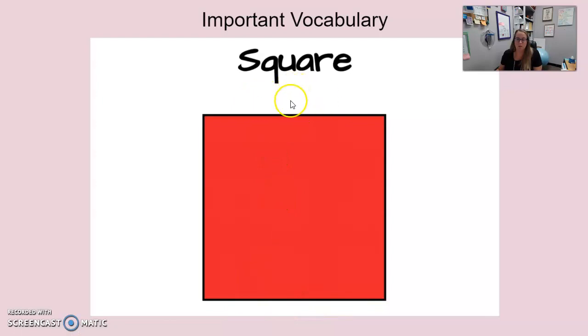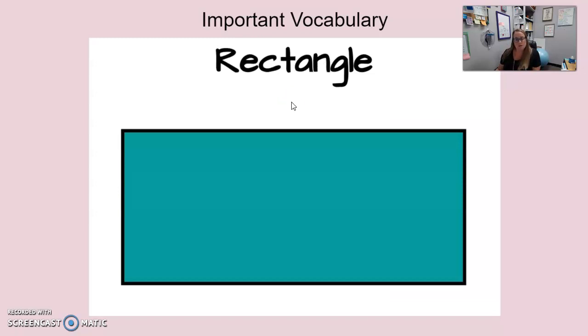Now, a square is also important because it is also a special kind of rectangle. So a rectangle is a flat 2-dimensional shape. It has 1, 2, 3, 4 sides, and it has 1, 2, 3, 4 vertices.